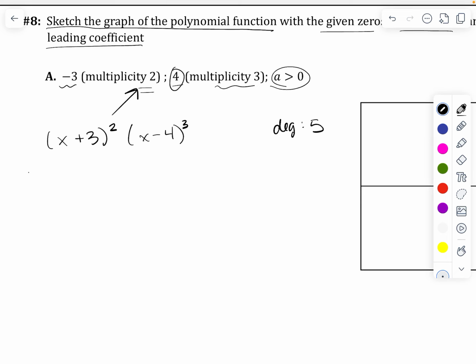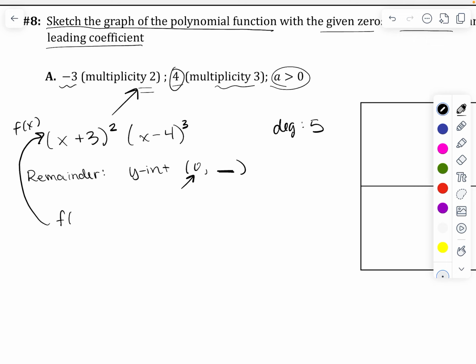We also know by the remainder theorem that if I want to find the y-intercept, the y-intercept is 0, comma, whatever the y-intercept is, so that when I evaluate f of 0, it's going to be whatever the y-intercept is. So what I can do is take this very basic polynomial I've just written and evaluate it.